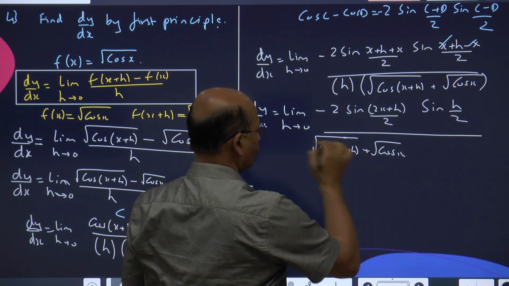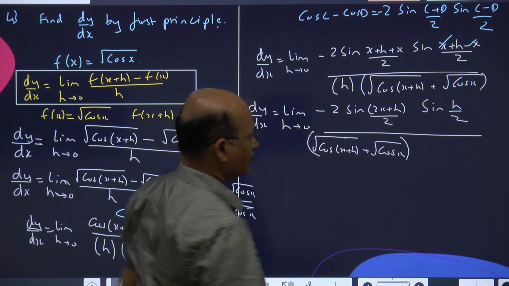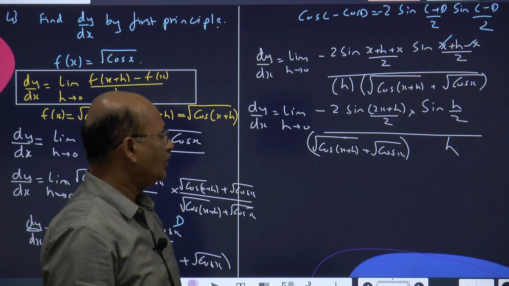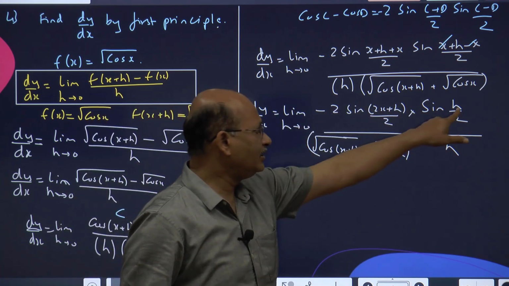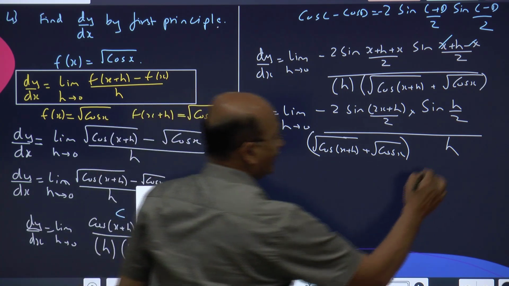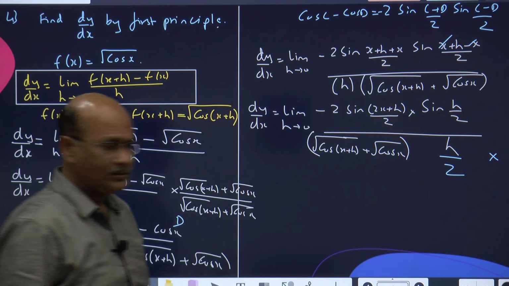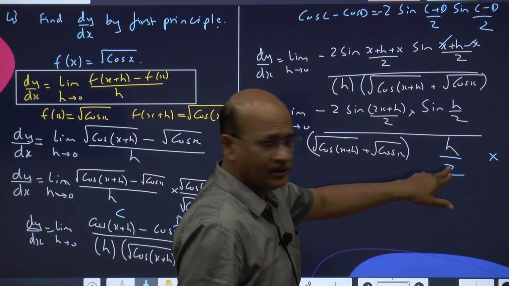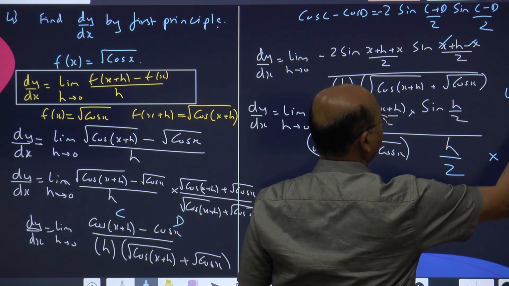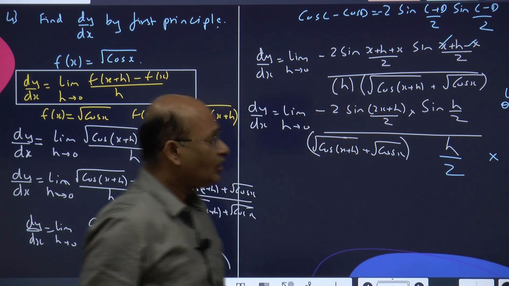Put a bracket so that you don't mess up. This h I am bringing below because there is a multiplication sign. Everybody knows the limit of sin theta upon theta. So I can divide by 2 and multiply by 2. Why did I do that? I took this h below the sine because I can use the formula that the limit of sin theta upon theta as theta approaches 0 is 1.